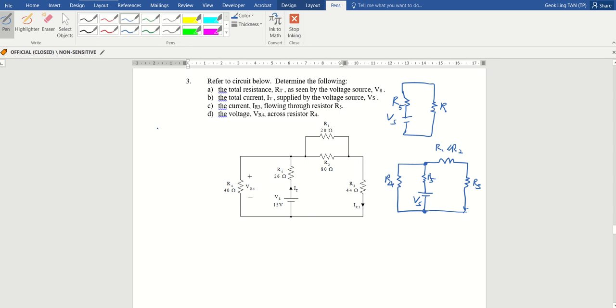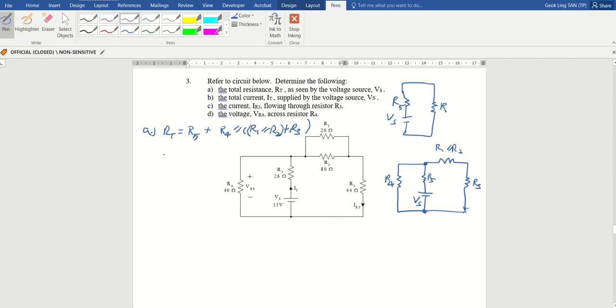So RT is equal to R5 in series with R, which is given by R4 in parallel with R1 in parallel with R2 plus R3. So you have an inner bracket here if you want to put.